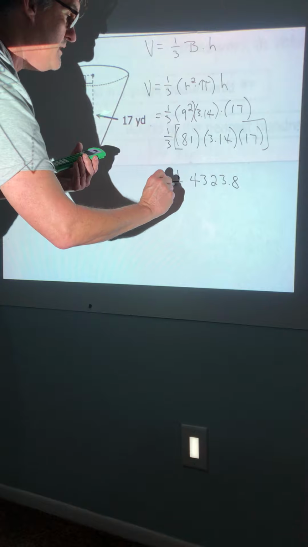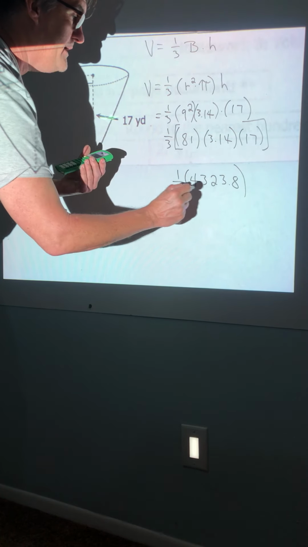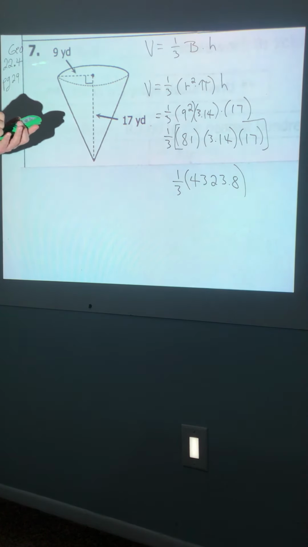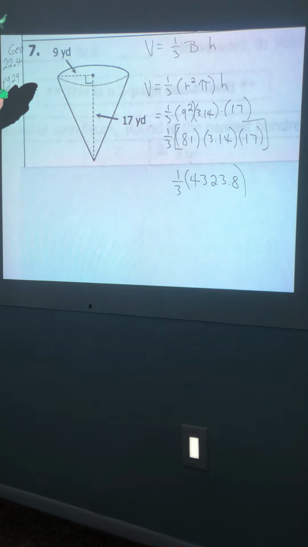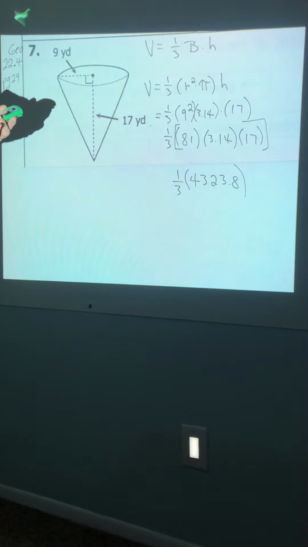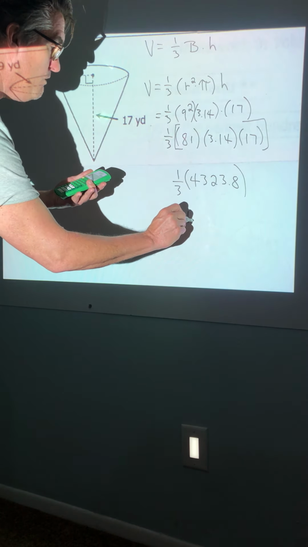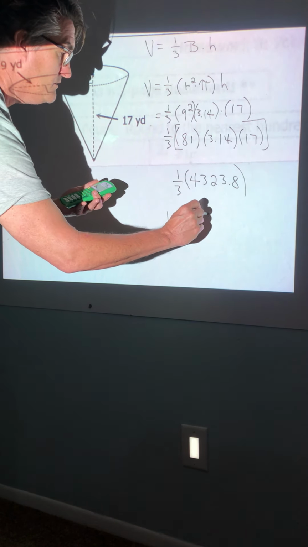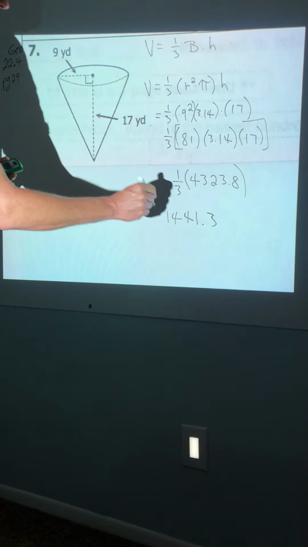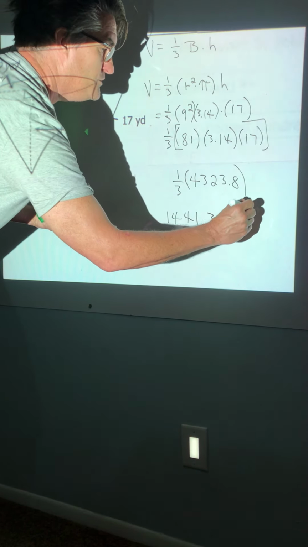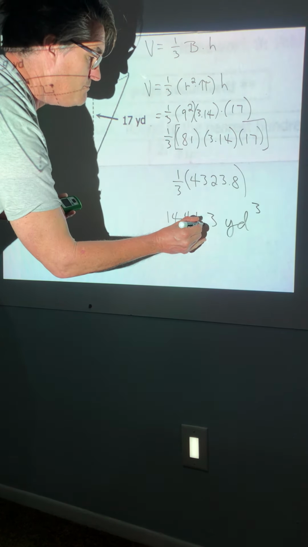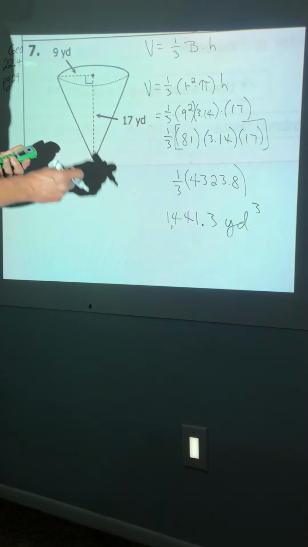And then if I want to take 1/3 of that, all I got to do is take that number and divide by 3. So 4323.8 divided by 3, and I get a volume of 1441.3. Come over here and put yards to the 3rd power, because the yards to the 3rd power lets you know that you're doing volume.